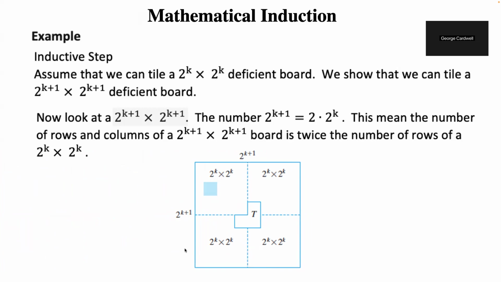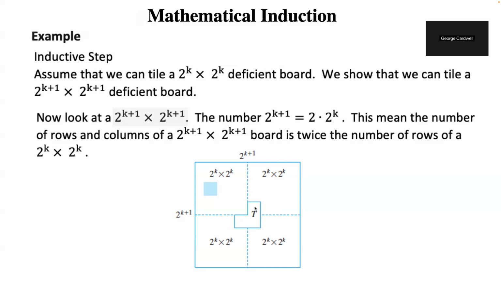So notice if I take a right tromino and I lay it right in the middle of these 4 boards so that this upper square is covering one of the squares in the 2 to the K by 2 to the K in the upper right, then one square is also covered in the 2 to the K by 2 to the K in the lower right, and then one square covers one of the squares in the 2 to the K by 2 to the K in the lower left.